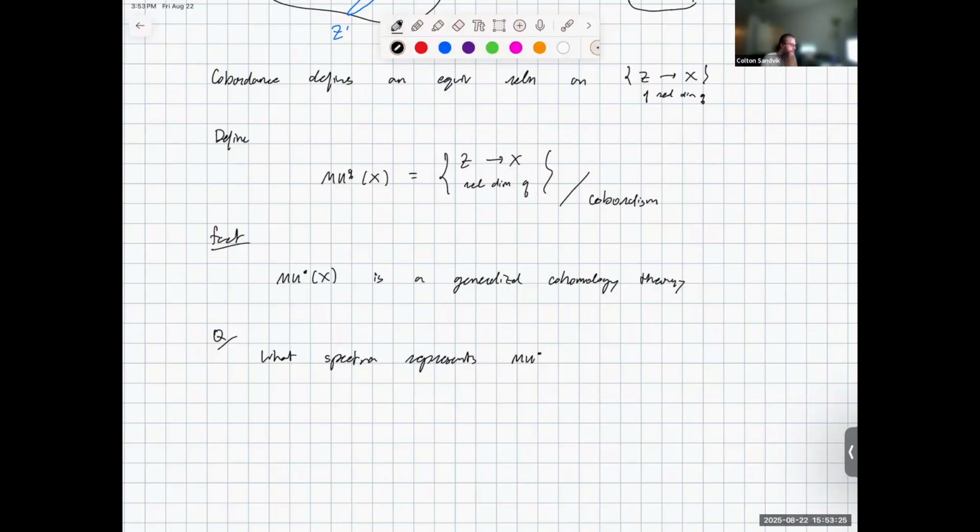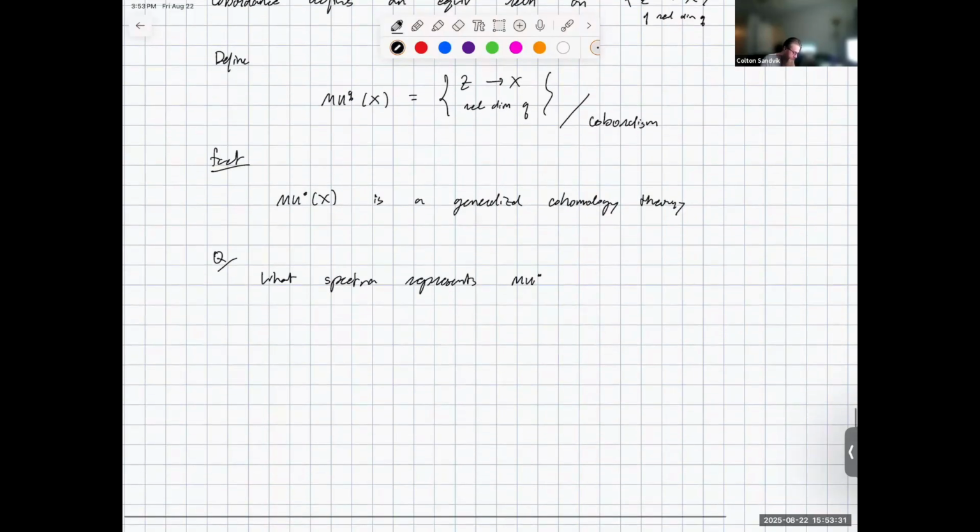So I'm going to give the answer, and maybe Krishnendu can explain why this is the correct answer. What one does is define this space MUN, the Thom space. I think this is the notation we used before.